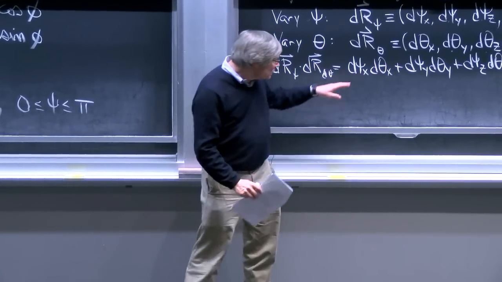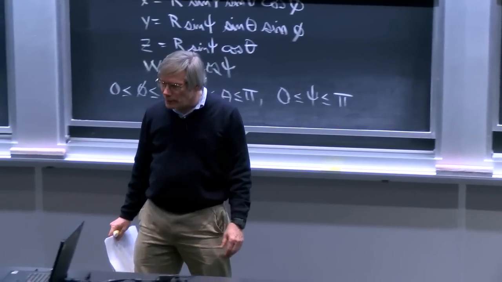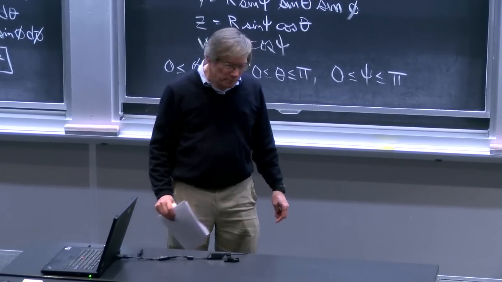And now what we want to do is to look at the sum and argue that it's 0, because if they're orthogonal, the dot product of the two vectors should be 0.